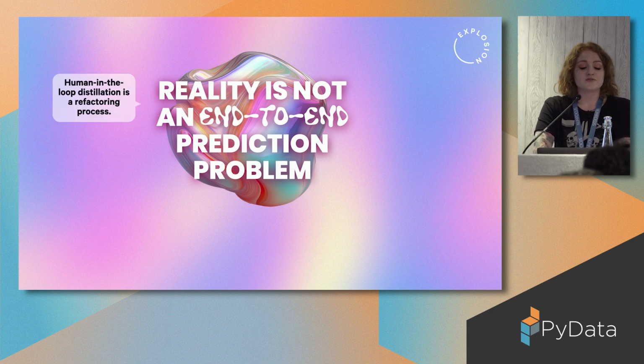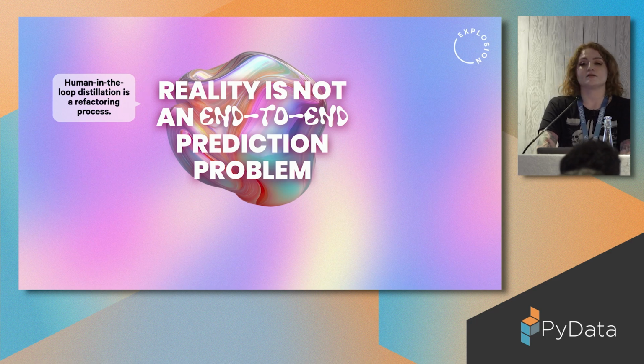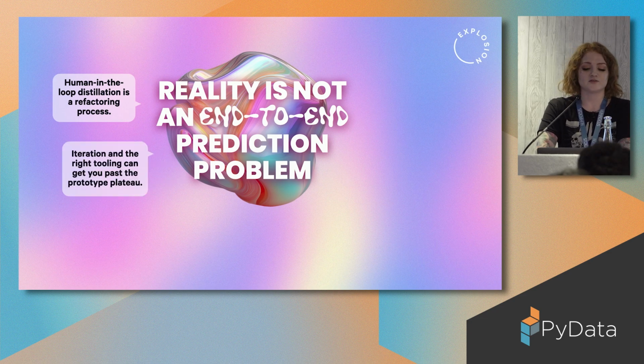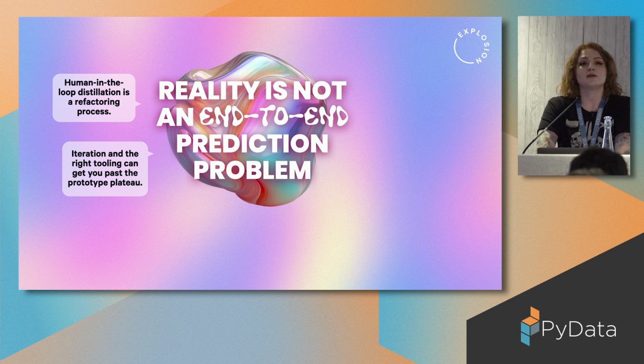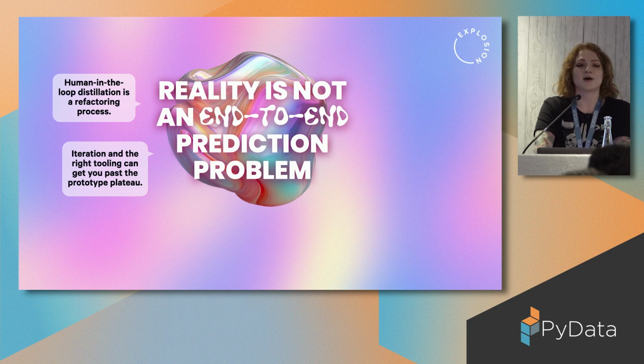And as we've seen, human-in-the-loop distillation is really a refactoring process where you take your problem, break it down, and refactor it. The result that you get is the cleanest, smallest unit of a system that really solves your task. Iterating on your problem and using the right tooling that helps you close the gap between prototype and production is one of the best ways to get past what people call the prototype plateau, part of this post-hype hangover phase that we're currently in.